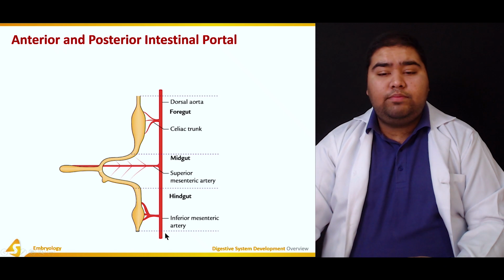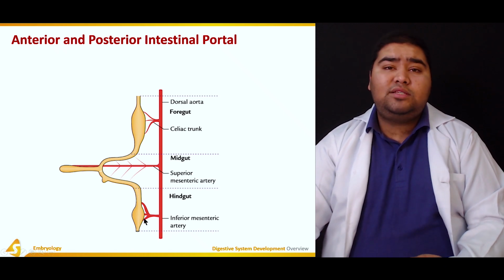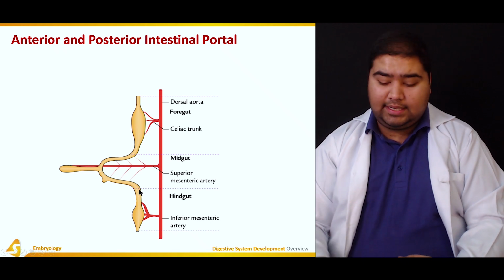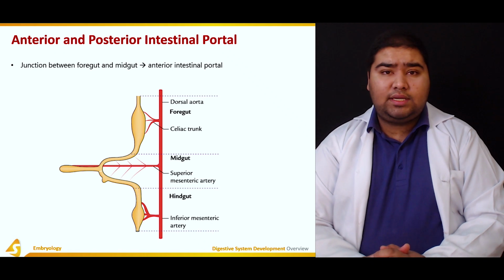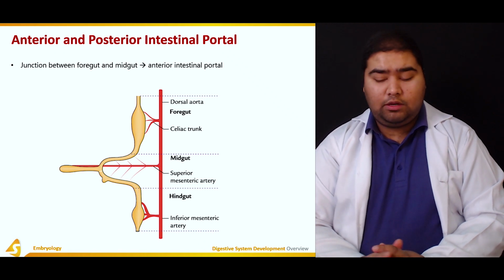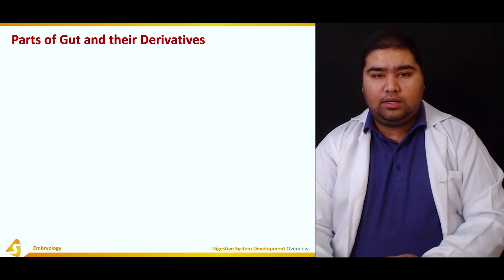The communication between the midgut and the hindgut, this region, is known as the posterior intestinal portal. Here you can see the junction between the foregut and midgut, the anterior intestinal portal, and the junction between the midgut and the hindgut, the posterior intestinal portal.